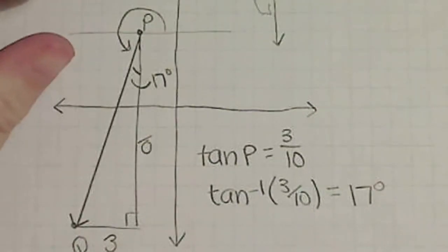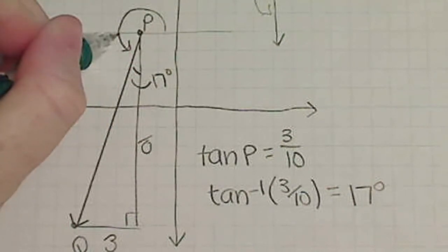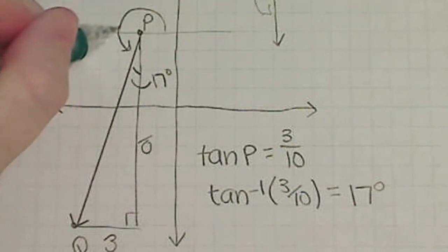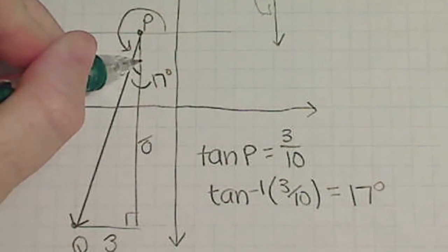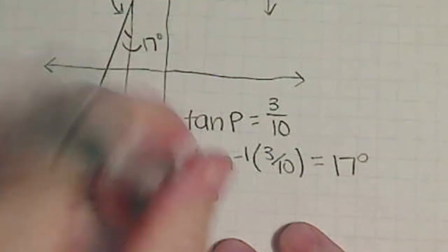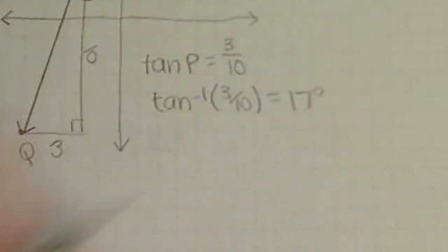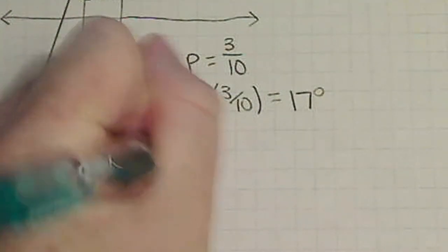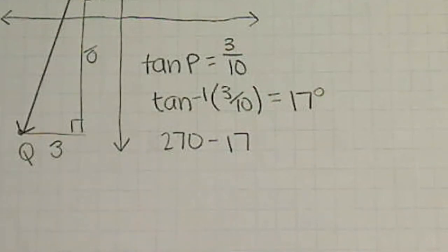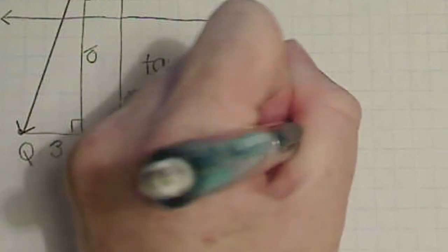So to find this big angle here, I know this is 180, so it's going to be bigger than 180. All the way over to here is 270, so I need to subtract this little piece. So my direction is simply going to be 270 minus 17, which is 253 degrees.